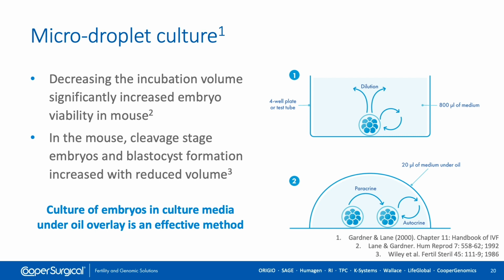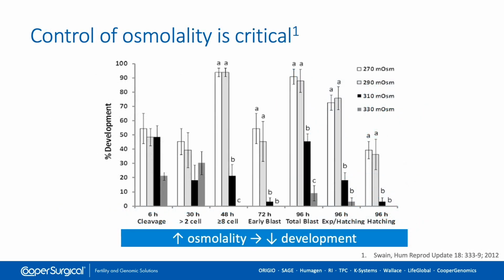We also want to touch on osmolality, the control of which is critical to embryo development. This nice graph here, produced from Jason Swain's paper in 2012, gives a clear demonstration of how little change in osmolality can have a major impact on the development and the competency of your embryos.